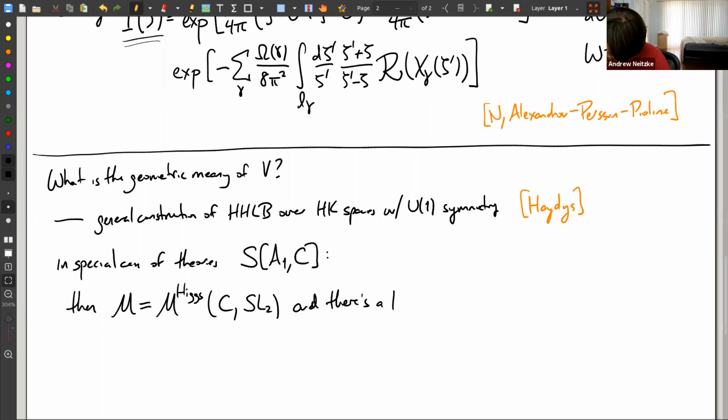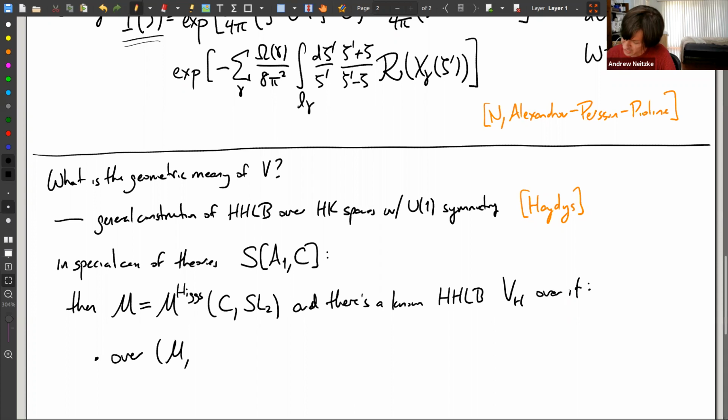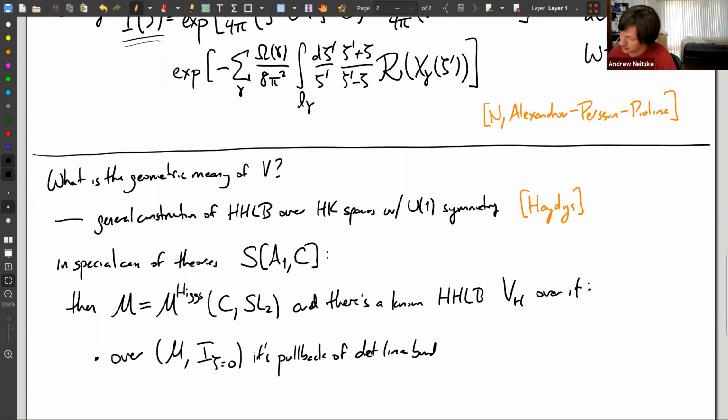So I'll write hyperholomorphic line bundle VH over this space, where over the fiber at 0 and complex structure θ equals 0, you can identify it. So just as a holomorphic bundle, what it is the pullback of the determinant line bundle from Bun-G.